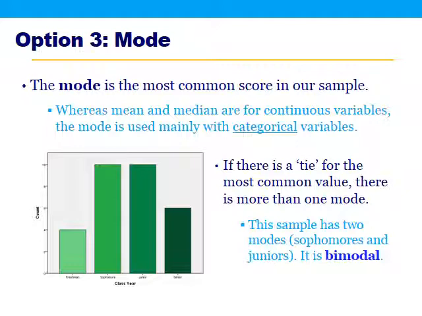Because both sophomore and junior are tied, so to speak, for being the biggest category, we would say that both of them are the modes. Sophomore and junior are both modes here. In statistics terms, we would refer to that as a bimodal distribution. Bi meaning 2, modal meaning modes. It means we have 2 modes in this situation.